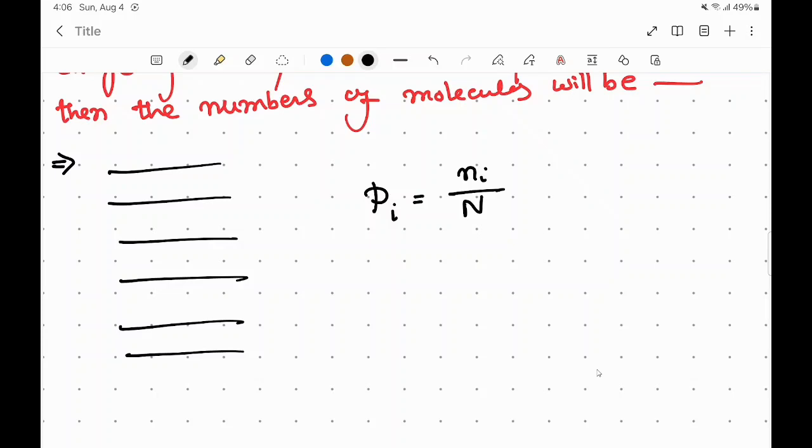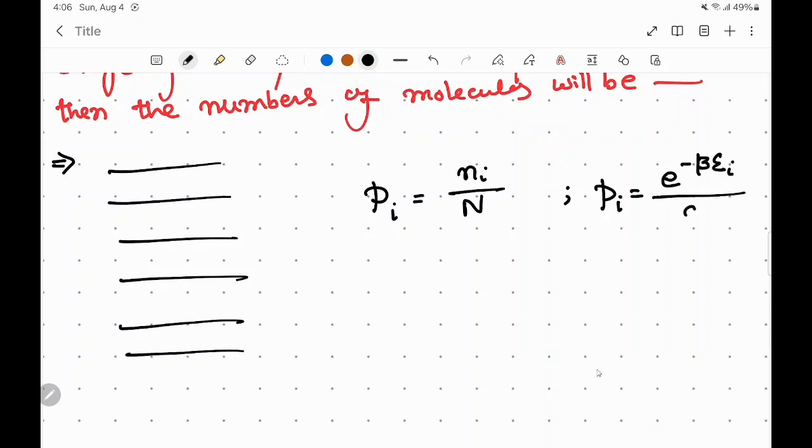Now we know from our statistical mechanics first week lecture that Pi is essentially e to the power minus beta epsilon i divided by q, right? That is also the probability of finding a particle at the ith level. Let's say this is the ith level with energy epsilon i and population is Pi.